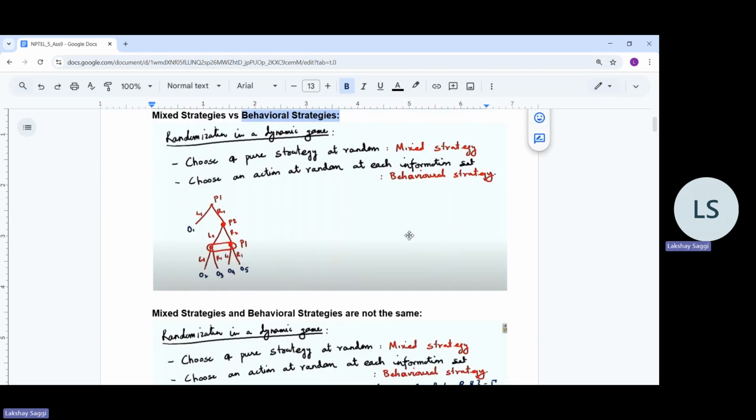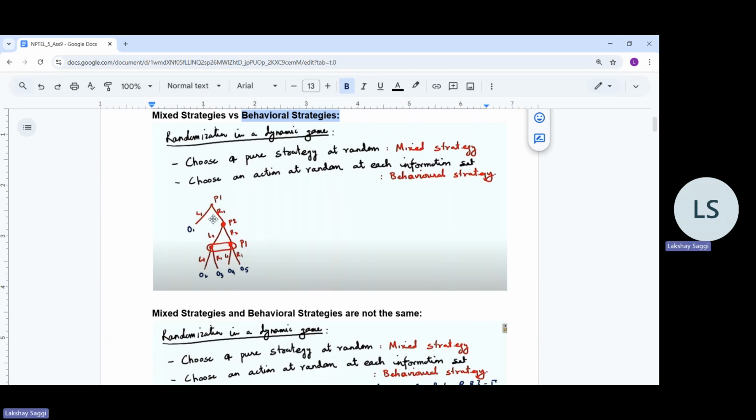So one example here, which was also given in the lecture itself, is an extensive form game where player one has two turns.